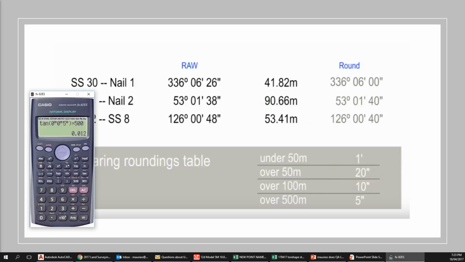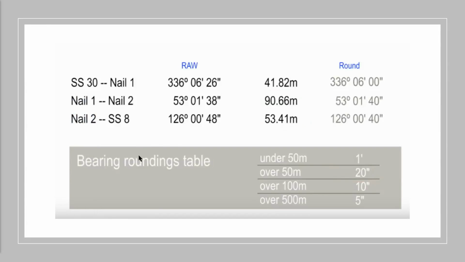If we round them to the nearest 20 seconds between 50 and 100, that's not going to be a problem. If we round them to the nearest 10 seconds between 100 and 500, that's all good. And anything over 500 meters, just to the nearest 5 seconds. And this is all to do with the tan of these angles and how much they subtend.